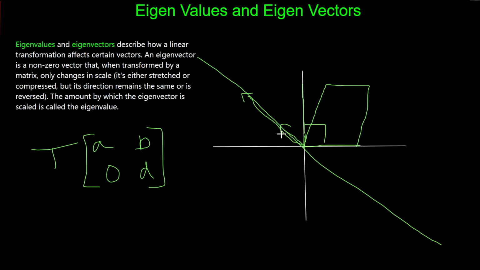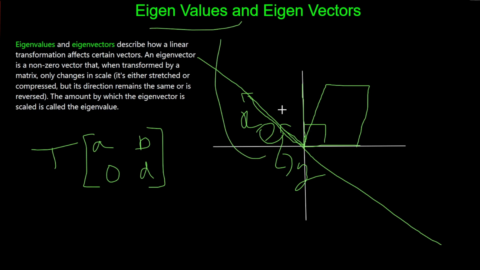Now let's say this vector is scaled by x amount or just shrunken by y amount after transformation. So the values by which they are increased or decreased in the same span after transformation are called eigenvalues for the eigenvectors. So this is the high level understanding of eigenvalues and eigenvectors.